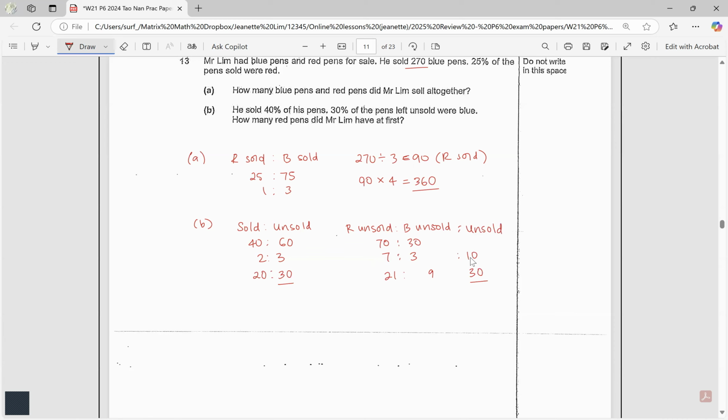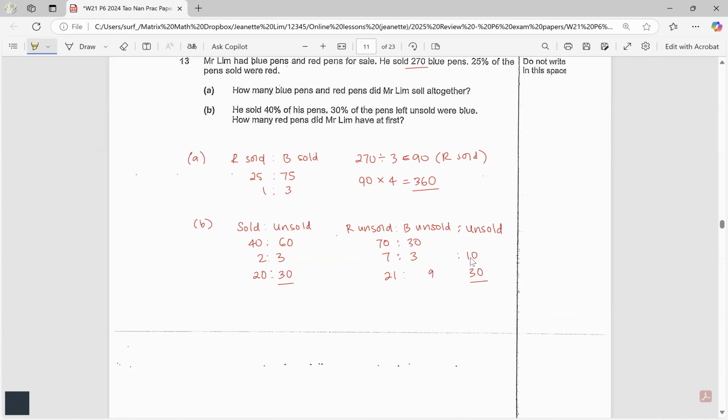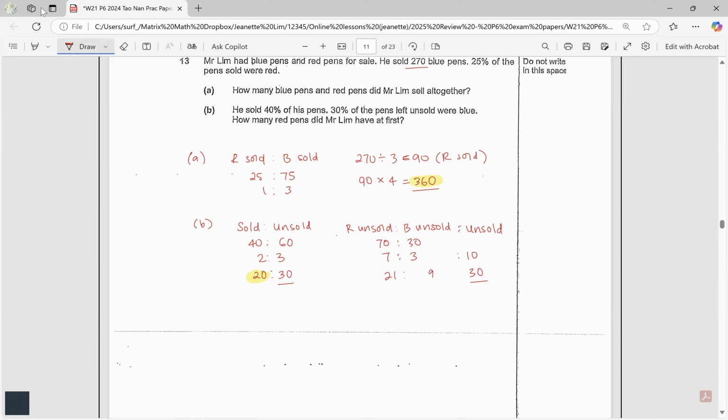Okay, so once I have this, I will use what I have found earlier, which is my 360. This is the total that he sold, which is this one. Okay, so 360 is your 20 units. So don't use the 1 unit back in the first part, because the ratio in part A and part B, you didn't make the common base the same.